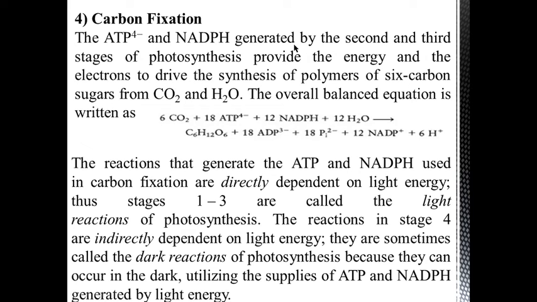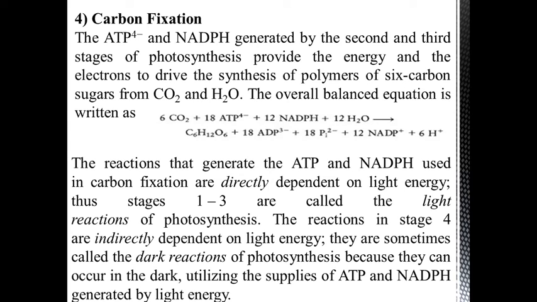The second phase of photosynthesis is known as the dark phase of photosynthesis. The ATP and NADPH generated by the second and third stage of photosynthesis, that means during the light phase of photosynthesis. Now students, the complete mechanism of photosynthesis is divided into two parts.